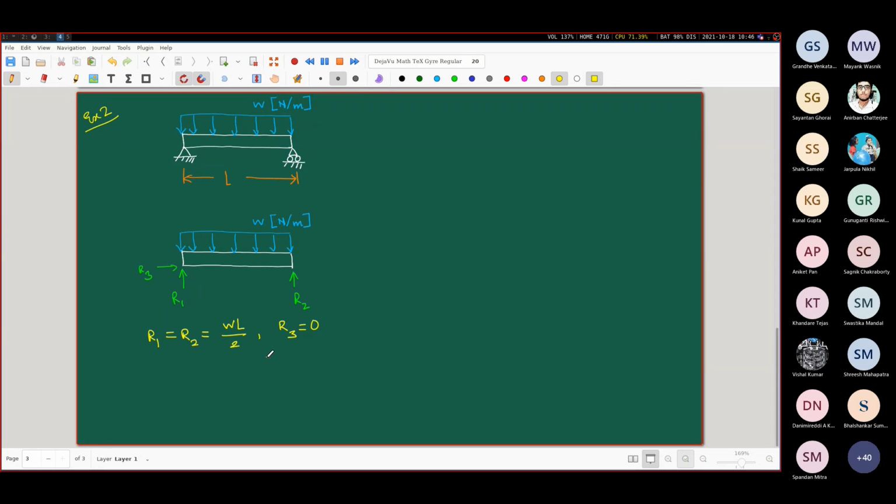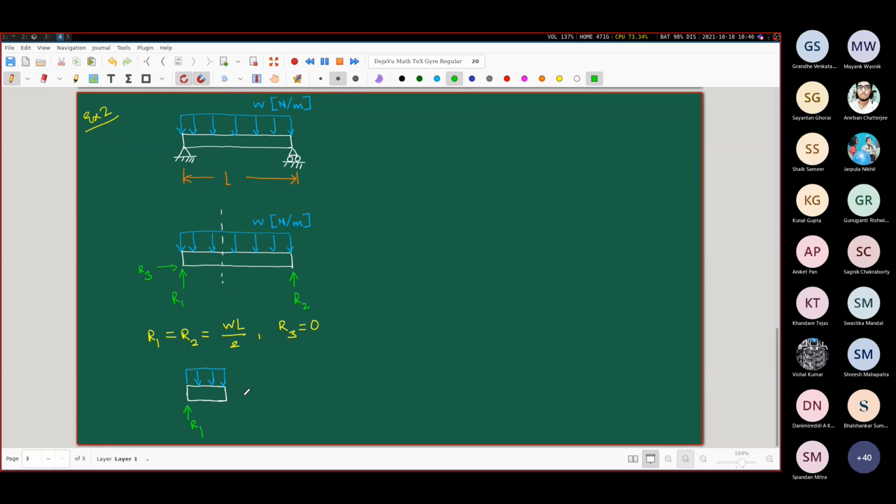Okay. Now, what we can do is, just like in the previous problem, we can take a cut section like this. If we take a cut section like this, then what is going to happen? We are going to end up with this piece where you are going to have this R1 and you are going to have the distribution that is relevant to that part.